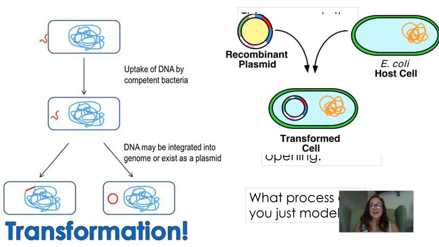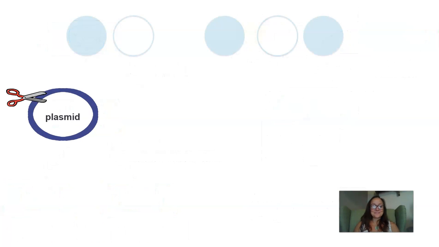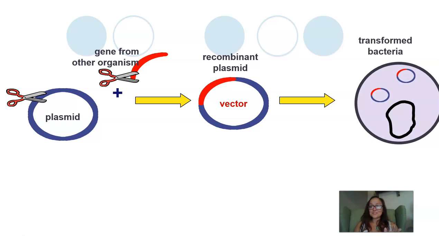So to refresh our memory, doesn't that transformed bacterium look like a scared ghost? But here, when we talk about a transformed bacterium, that is a bacterium that has taken up the plasmid. That dark circle that you see here is actually the main circular chromosome, and these two eye-looking things are the recombinant plasmids.